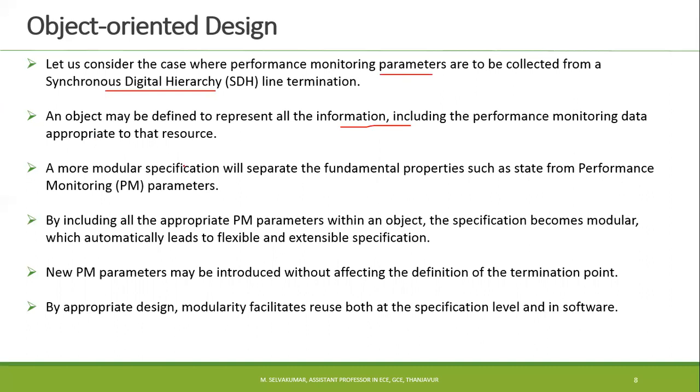A more modular specification will separate the fundamental properties, such as state, from the performance monitoring parameters. By including the performance parameters in a separate object, the specification becomes modular, which automatically leads to a flexible and extensible specification. New performance monitoring parameters may be introduced without affecting the definition of the termination point.